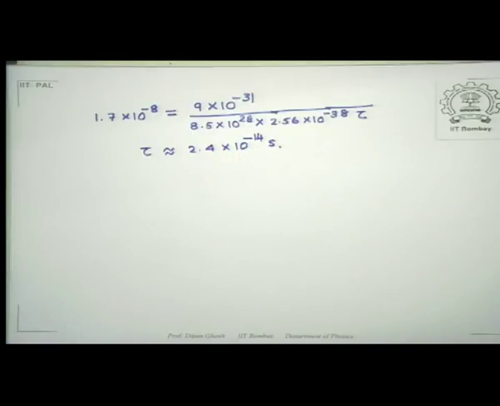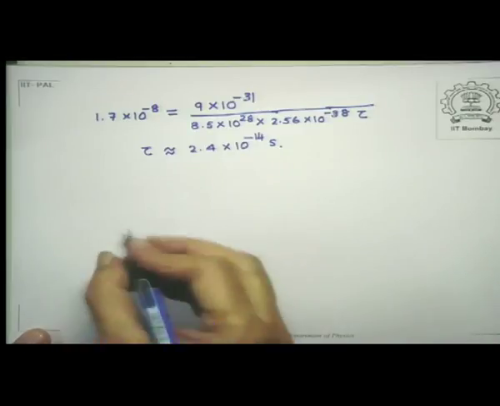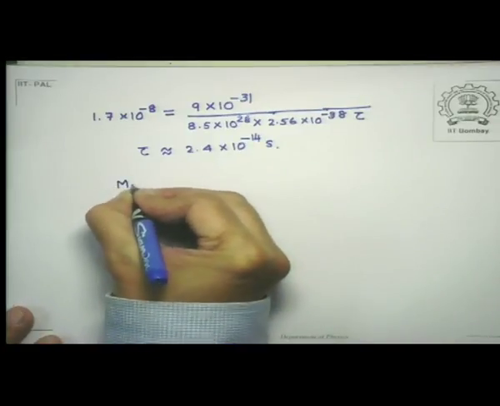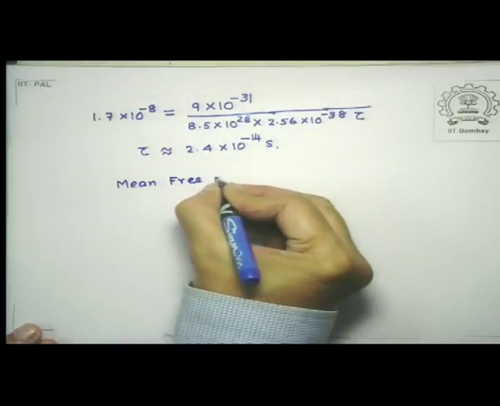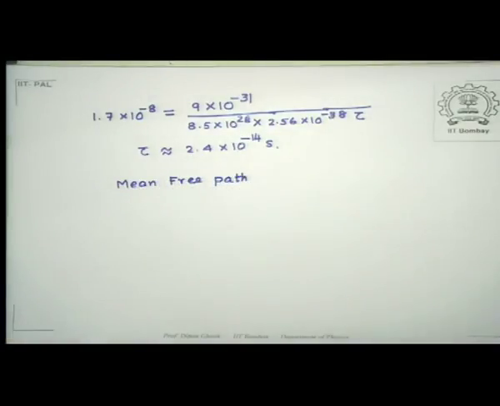So, this is a fairly small time during which the electron remains free, and that is the typical relaxation time between two collisions. One occasionally defines a new quantity known as mean free path. Mean free path is the distance that a typical electron travels before undergoing another collision.